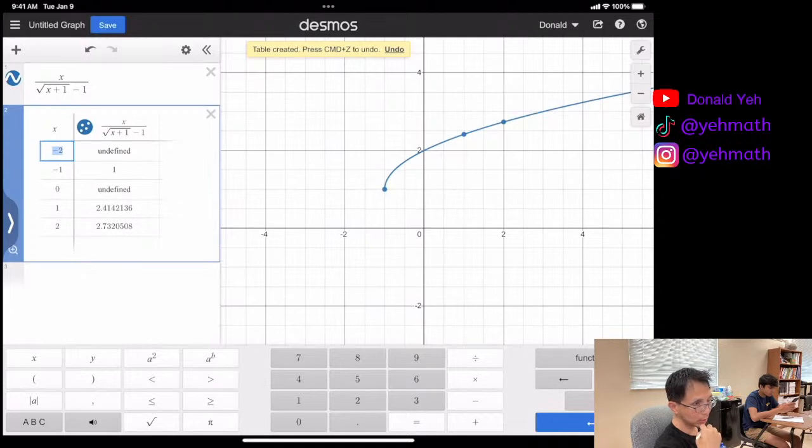Now, we don't care about -2. Can you tell me why -2 is undefined? You cannot have a negative number inside the square root. Perfect. That's called the domain. If I say, can you find the domain of this function, you're going to say x has to be greater than -1.